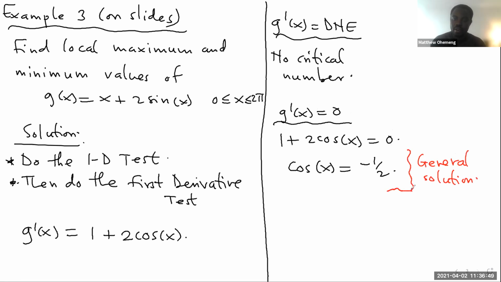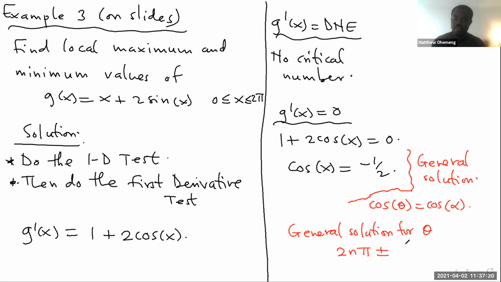As a reminder, if you have an equation like cosine of theta equal to cosine of alpha, then your general solution for theta will be given by 2n pi, then plus or minus alpha, where n is in 0, 1, 2, 3, as many as you can in the interval.